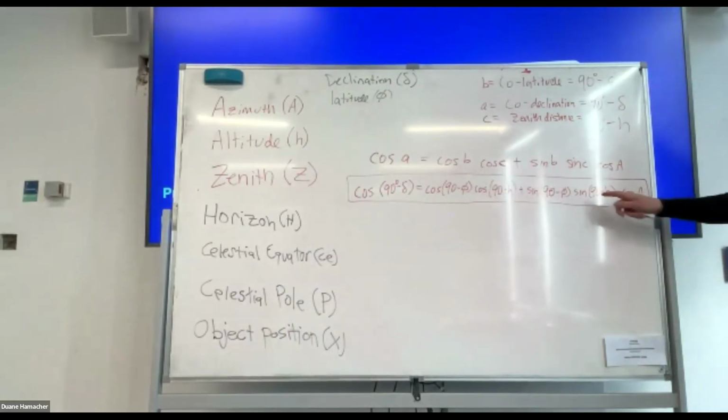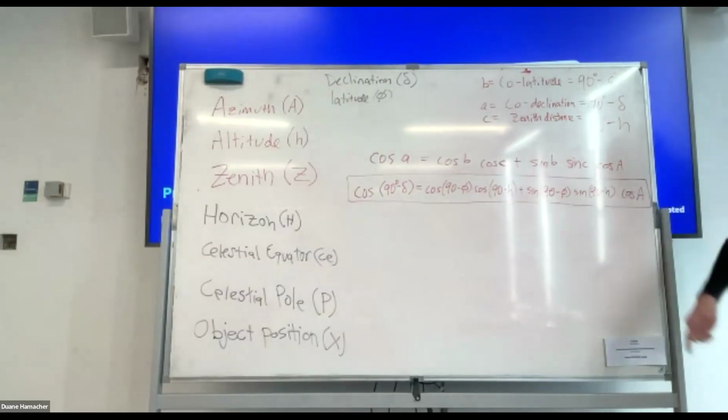If you don't remember, if the two numbers are side by side, that means you multiply them. Or you can put a little dot in, it means the same thing.